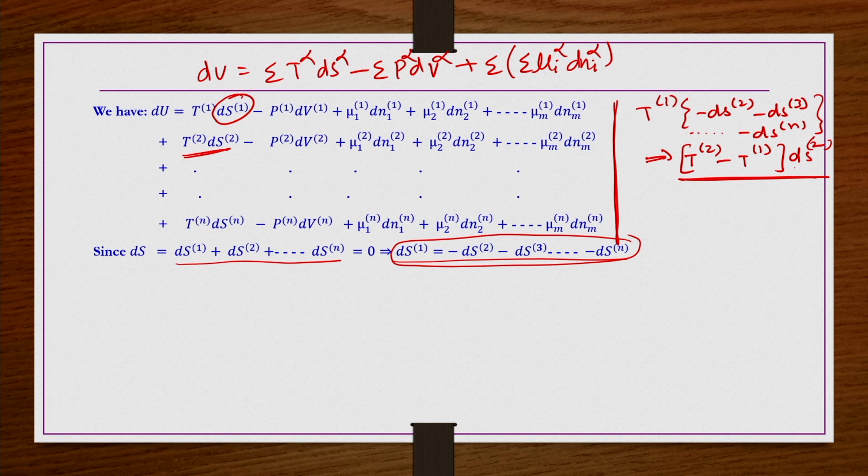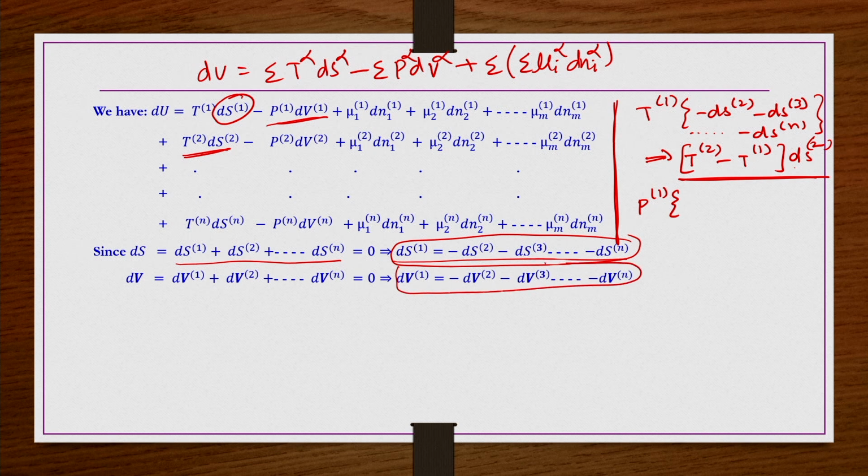Okay. Now, in place of P1 dV1, I will do the same thing. In place of dV1, I use this relation because dV is equal to 0, that is constant volume: minus dV2 minus dV3 and so on, minus dVn.